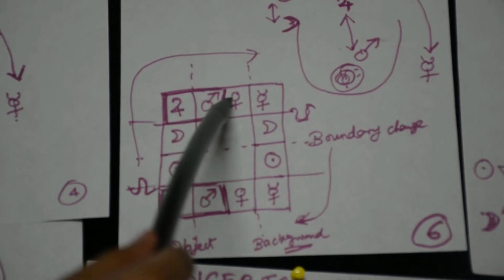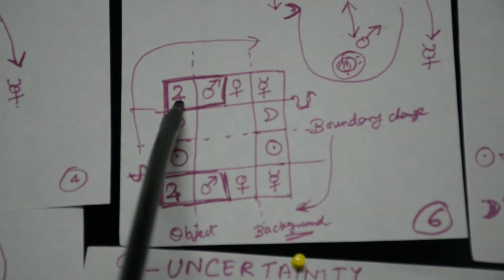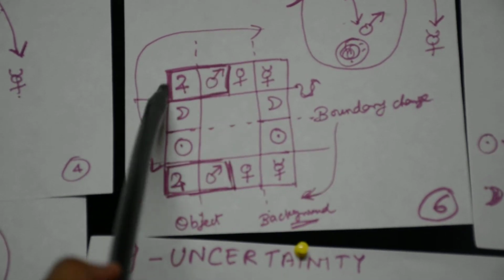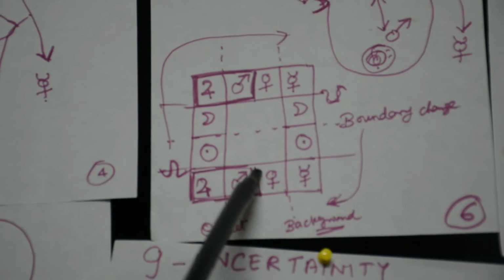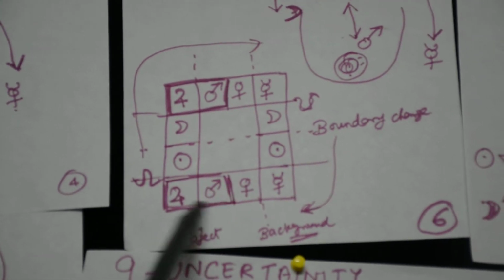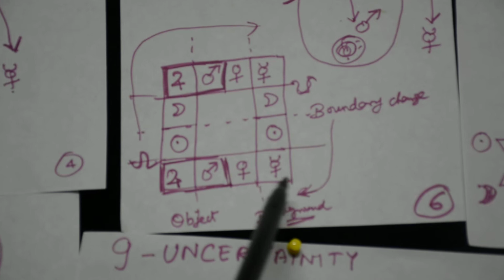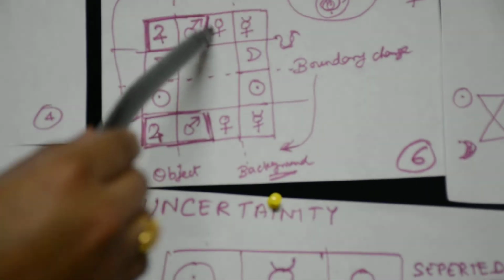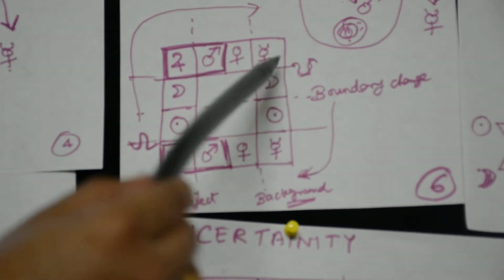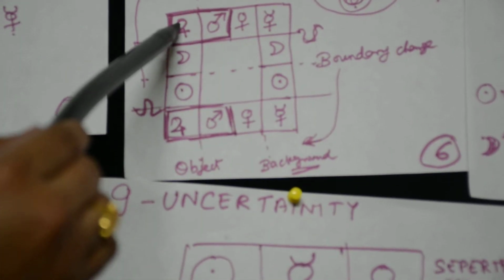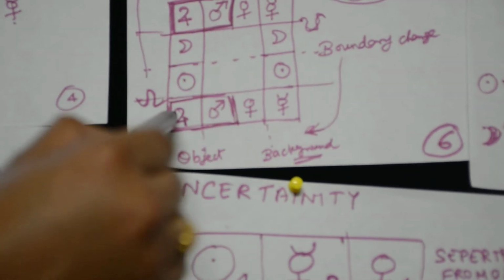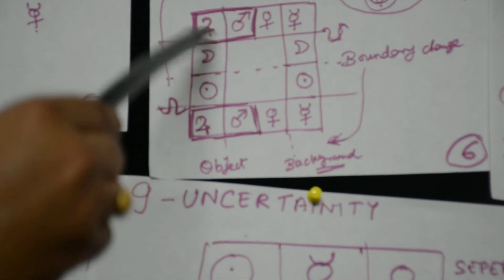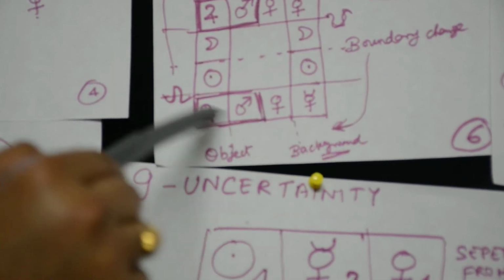You can see that the object part, or wherever the object of interest is being placed here, and you can see that there is a separation in the background, where the flip of the background, Venus to Mercury, Mercury to Venus. Similarly, the flip of the object, Jupiter to Mars, Mars to Jupiter. Similarly, as change of boundary, moon to sun, sun to moon. So they are all in perfect symmetry.